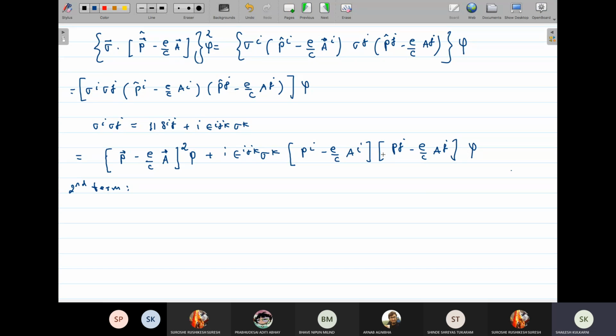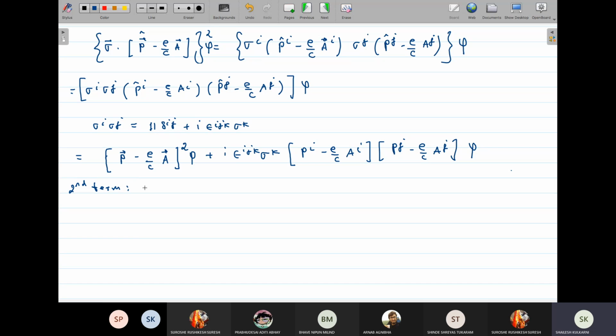But p_i p_j is symmetric in ij and this is antisymmetric in ij, so that term will go away. Similarly, epsilon_ijk sigma_k A_i A_j phi will go away because A_i A_j is symmetric in ij.